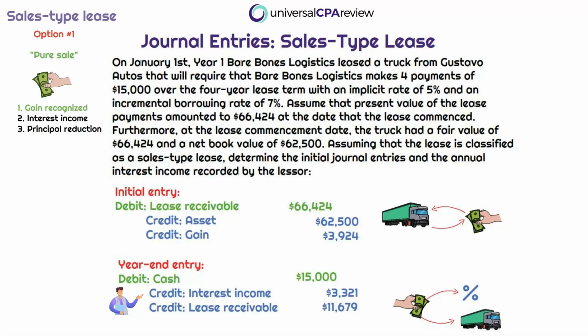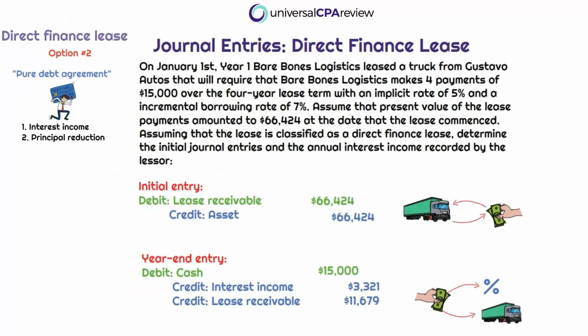This needs to be multiplied by the implicit rate of 5%. So interest income is thereby calculated as such, and the difference is going to be the reversal to the amount that they were owed. When we talked about this on the lessee side, we were reversing the lease liability. Now on the lessor side, because it is this party that is getting paid, we're going to be reversing the receivable.